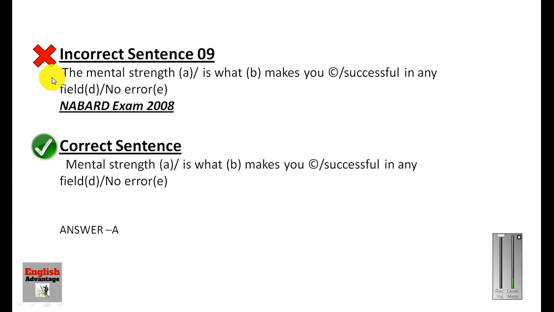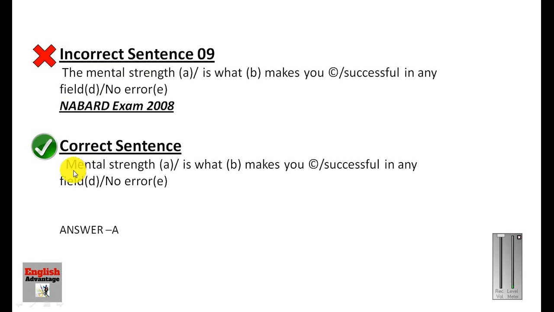The next incorrect question, number 9: The mental strength is what makes you successful in any field. This is true, that the mental strength of a person is responsible for his being successful in any field. But here we are talking about mental strength in a general sense, not a specific sense. Everybody requires mental strength to be successful. So you have to remove this "the" from here.